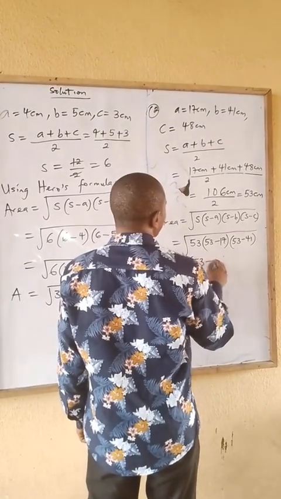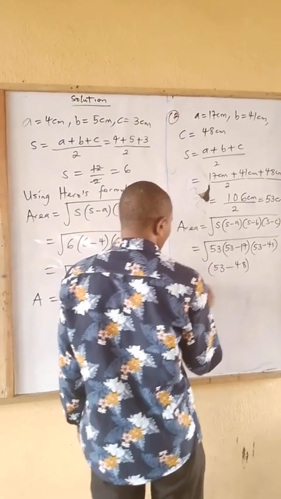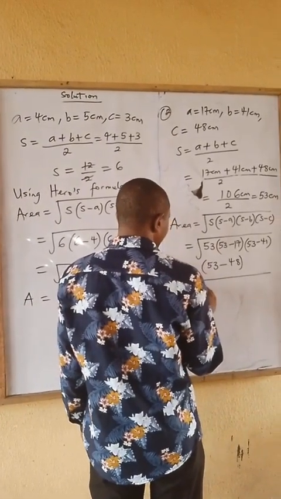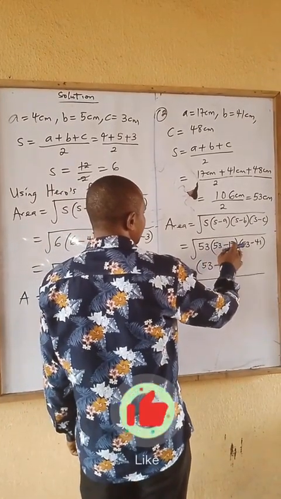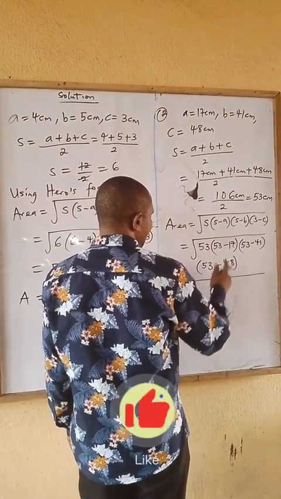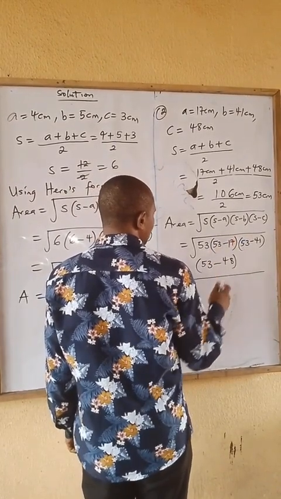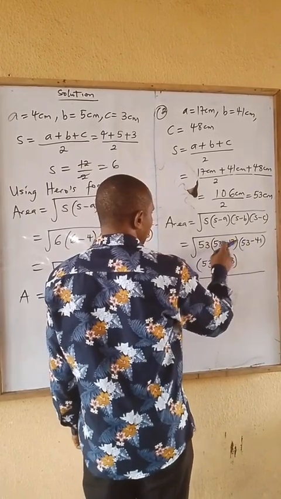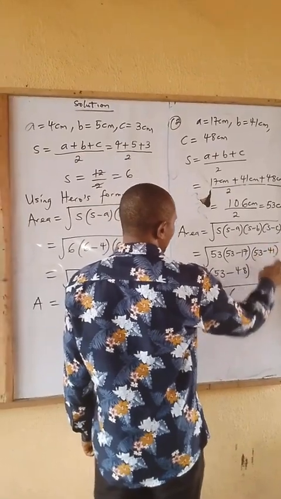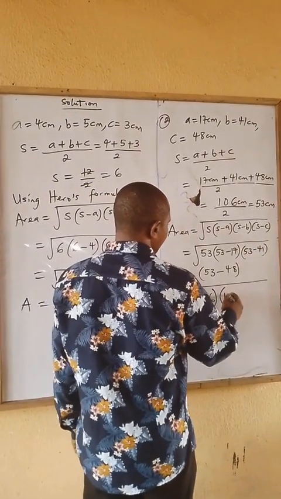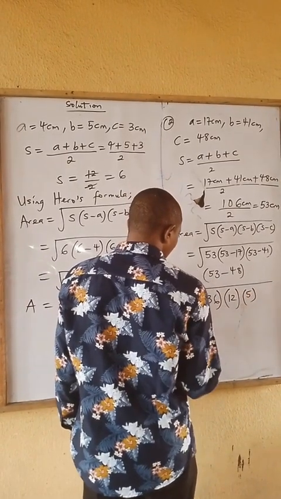Then 53 minus 48. 53 minus 17, if you borrow 1 here, that will be 13 minus 7, that will be 6. It remains 4. 4 minus 1, that will be 3. So that means we have 36. 53 minus 41, that will give us 12. And 53 minus 48, that will give us 5.